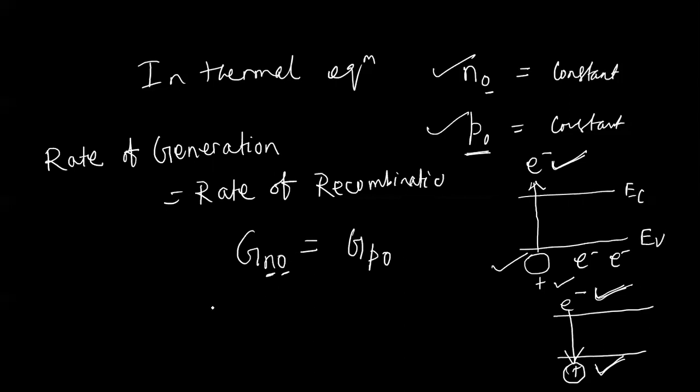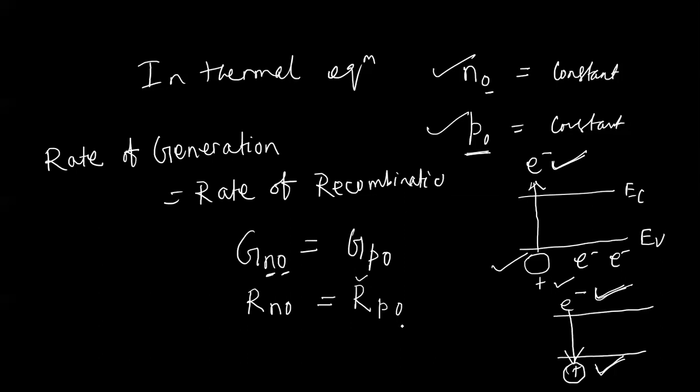So I will write the notation Rn0 for recombination of electron in thermal equilibrium, and Rp0 for recombination of hole in thermal equilibrium. This is also applicable to direct band to band recombination. Electrons and holes will recombine in pairs, right? So this is what we can say.